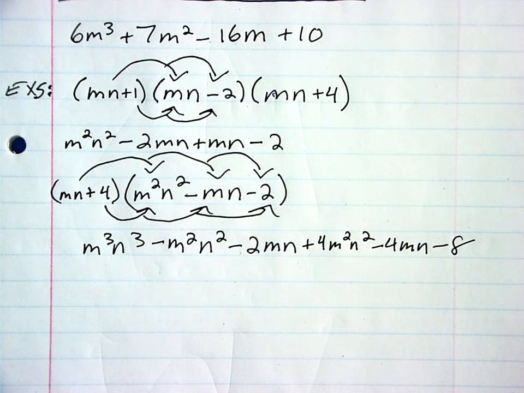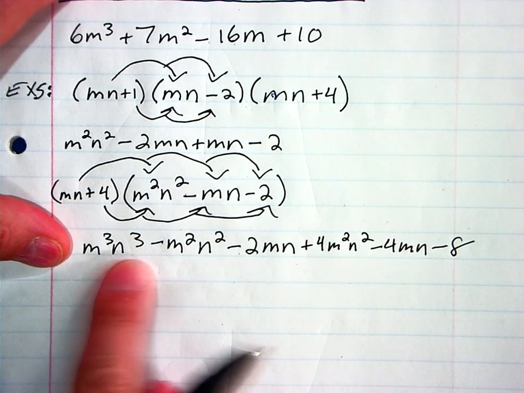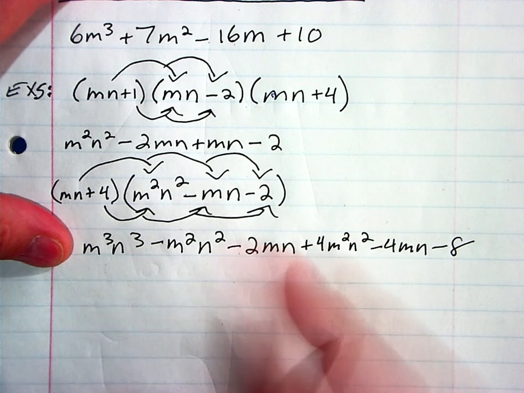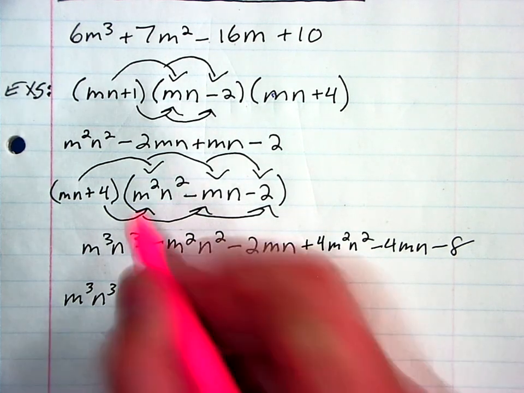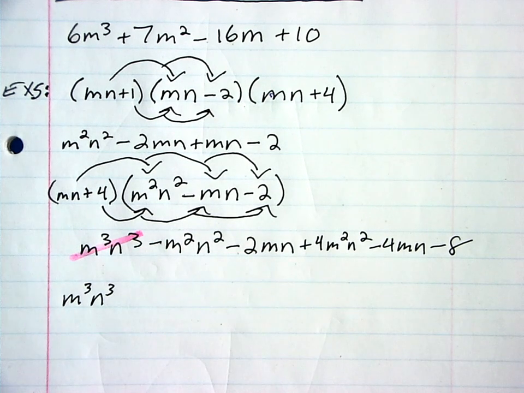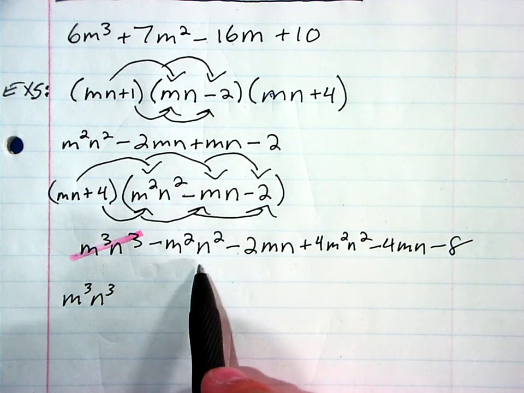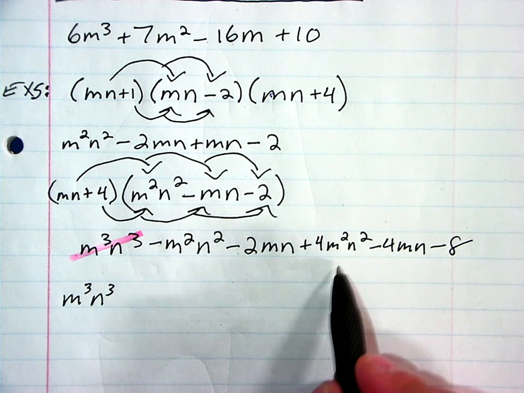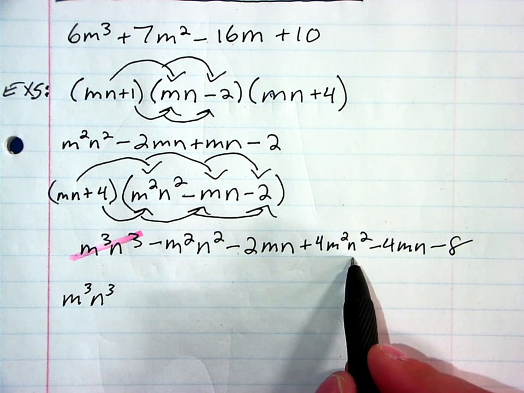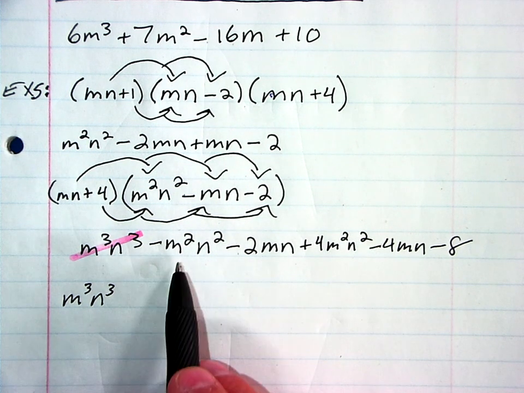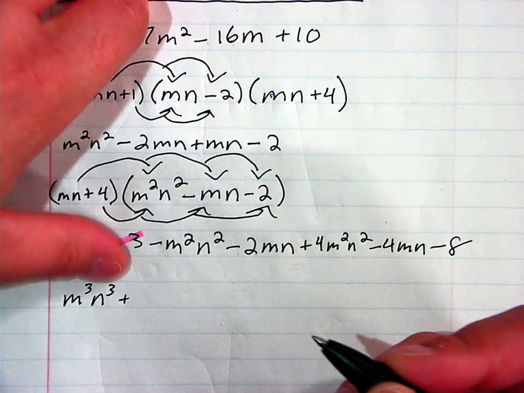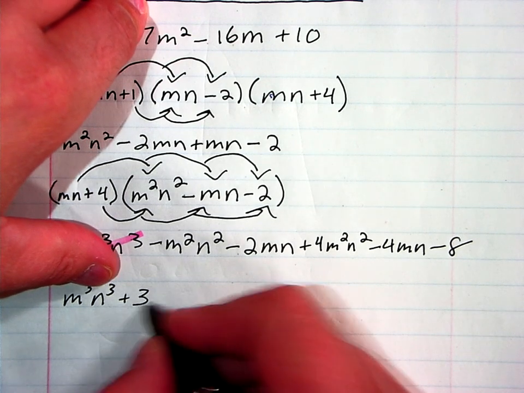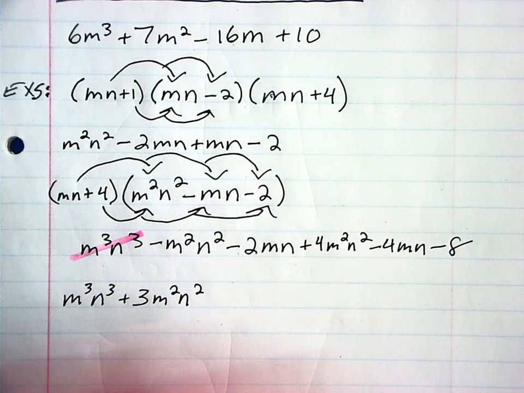Unfortunately, that's not our final answer because we can combine some like terms. Are there any other cubes to combine this with? No, so just bring it down. And I like to cross it off so I don't get confused. Negative m squared n squared plus 4m squared n squared: negative 1 plus 4 is not negative 3, but positive 3 m squared n squared.